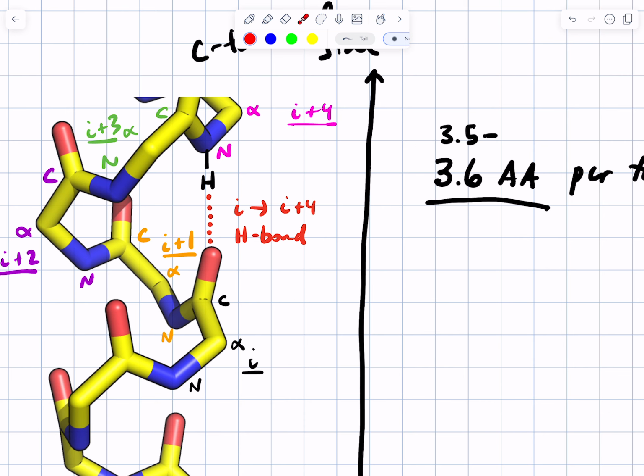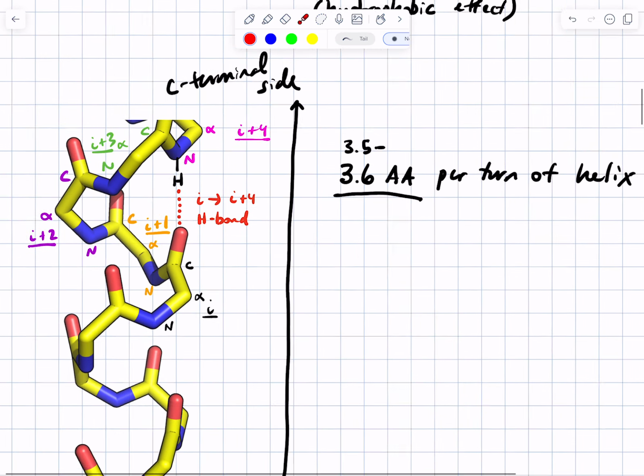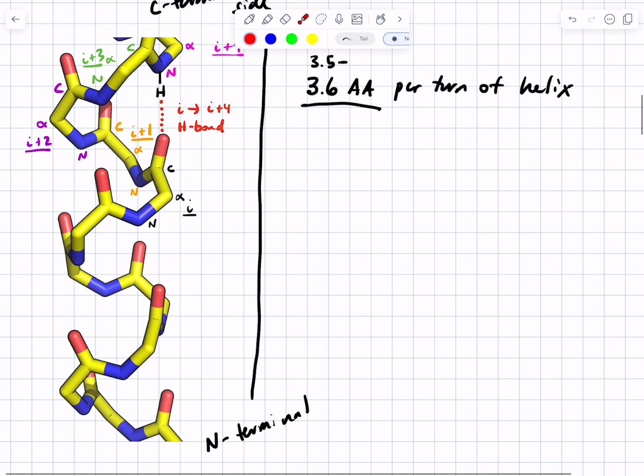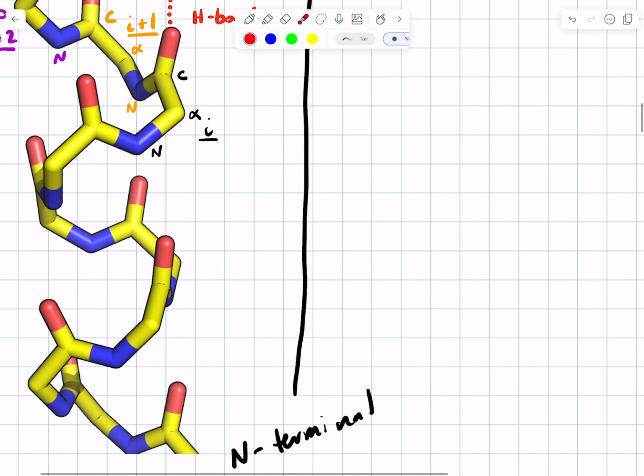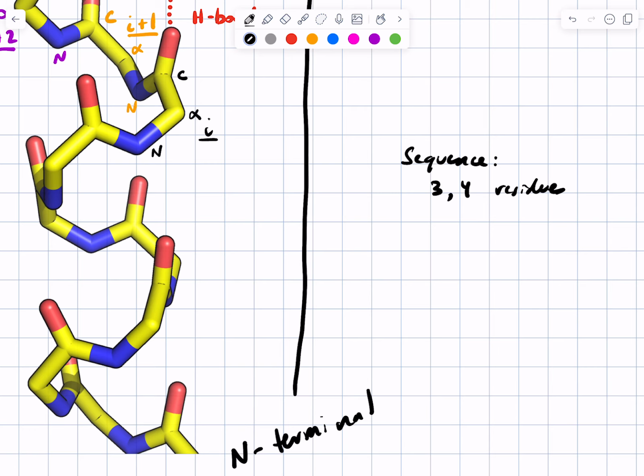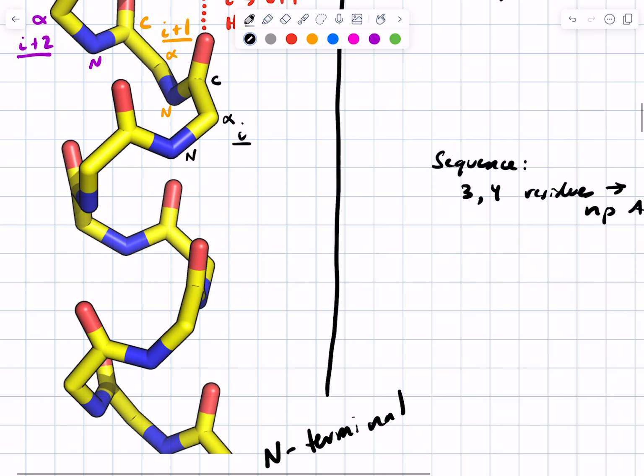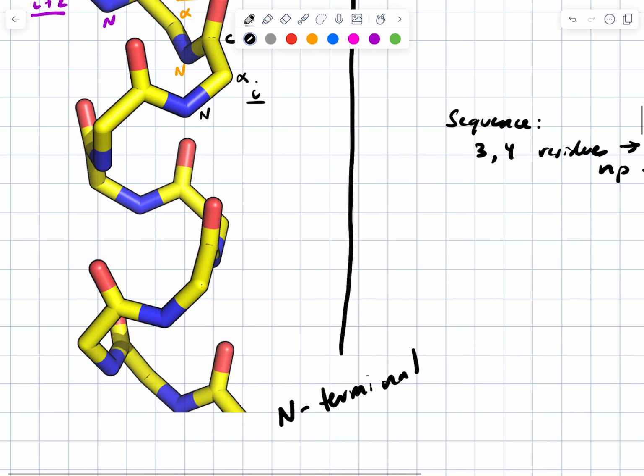Now, this regular pattern at about 3.5 amino acids per turn, let's see what that would do. Let's actually start with our sequence. Remember, the key feature of the sequence of our peptide is that every 3 and then 4 residues after that, we have a nonpolar amino acid. So let's just start here. This will be our starting point.